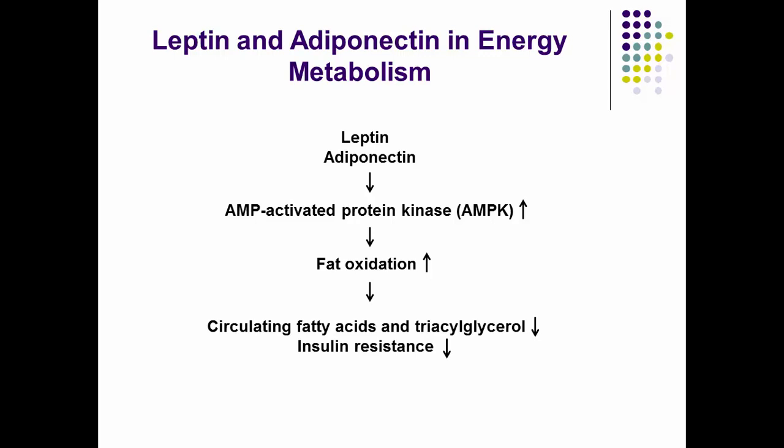We will go into the detail of how AMPK regulates fat oxidation. But AMPK is a target enzyme of leptin and adiponectin. So adiponectin activates AMPK and then increases fat oxidation, right?